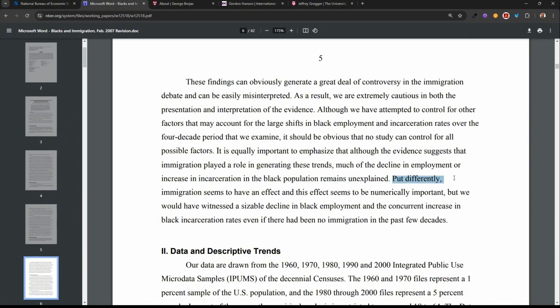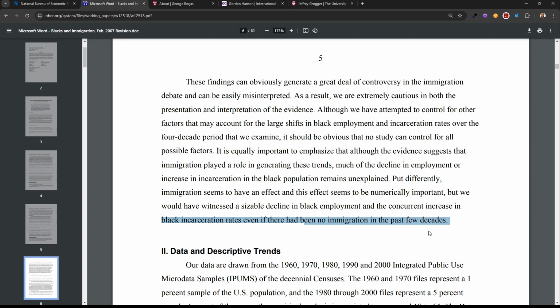Put differently, immigration seems to have had an effect, and this effect seems to be numerically important. But we would have witnessed, this is the key, a sizable decline in black employment and a concurrent increase in black incarceration rates, even if there had been no immigration in the past few decades.